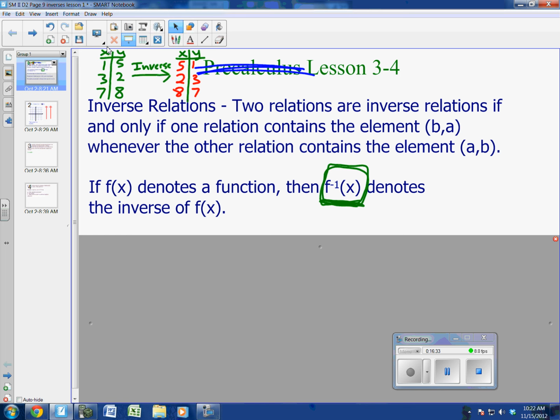It says f inverse of x. It's a negative 1, but it means inverse. So that little negative 1 means inverse. Got it? That's the symbol. It's not an exponent. I think the mathematician that came up with this, whoever it was, could have come up with a better symbol. But that's the one they came up with.